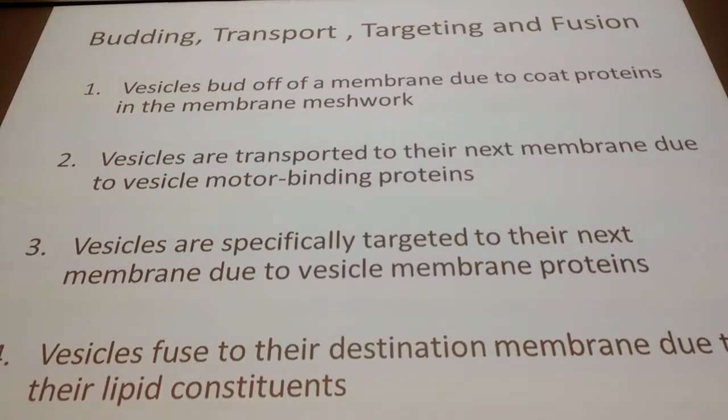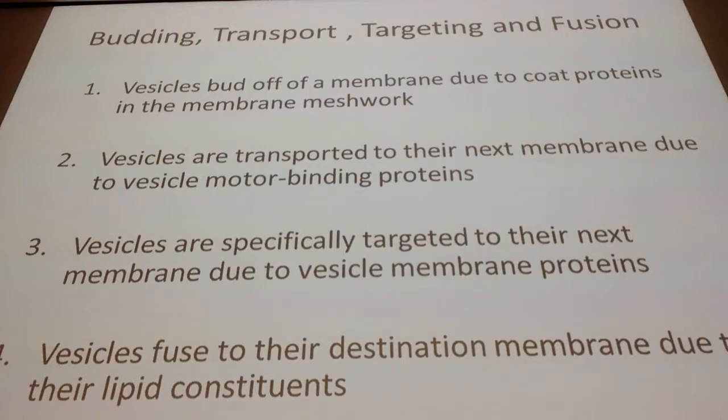Protein is the same. There might be different proteins at different ratios, but the protein points in a certain way. The protein signature also is a signal of the particular leaflet. So it doesn't just indicate which cell membrane it is, but also which leaflet you're looking at. Very particular. So lipid signature and protein signature are very important for vesicular transport.